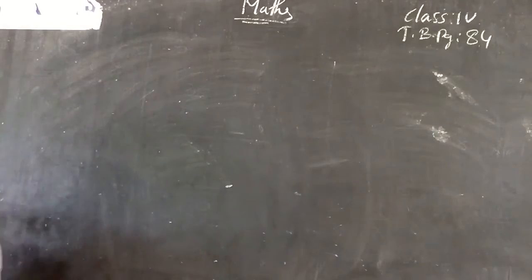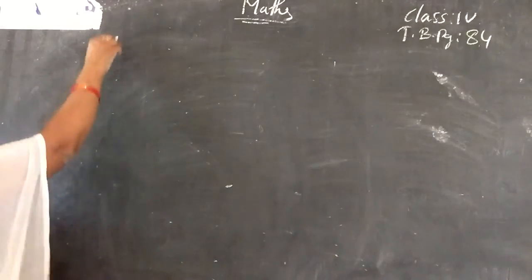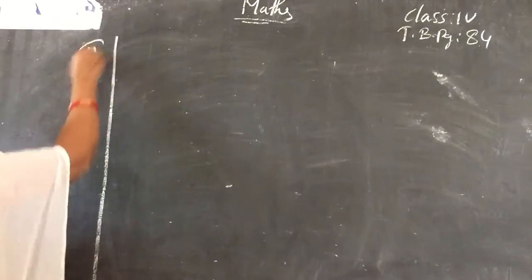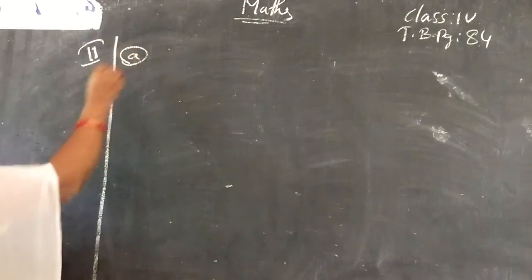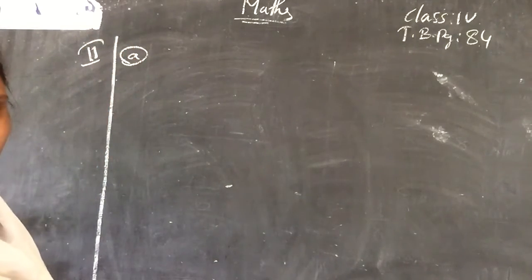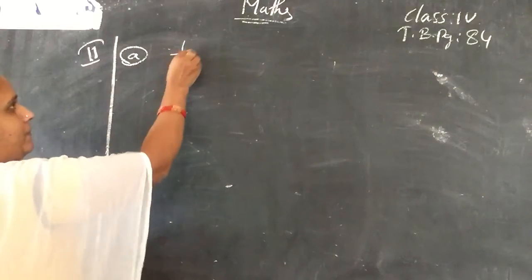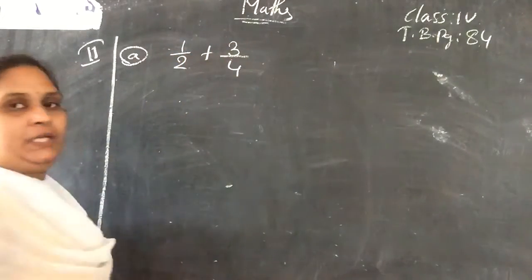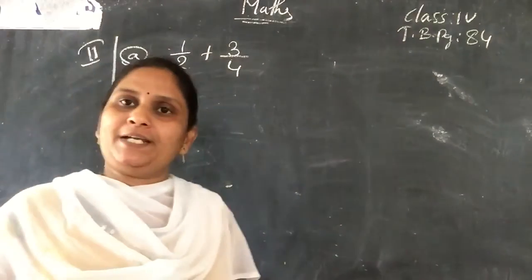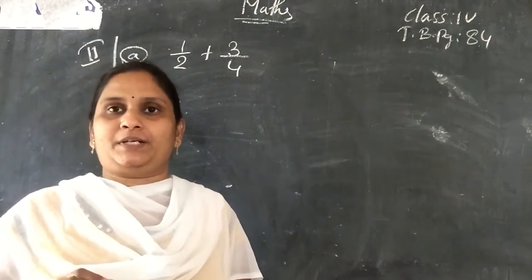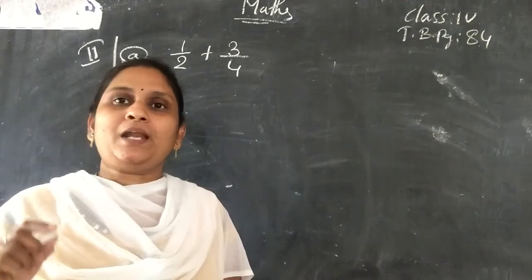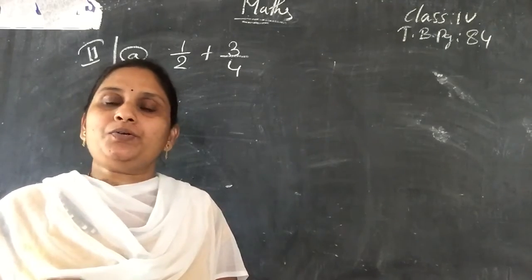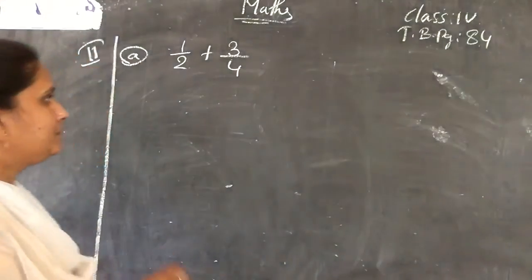Roman number 2, first one: 1 by 2 plus 3 by 4. Here numerators are different, denominators also different. It means these are unlike fractions. So how to do unlike fractions addition?